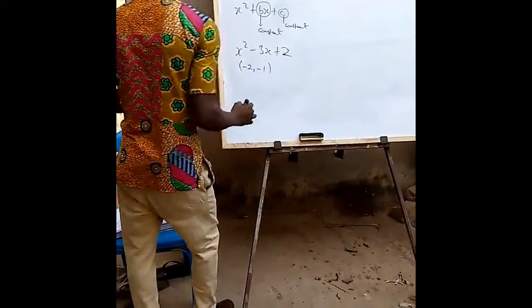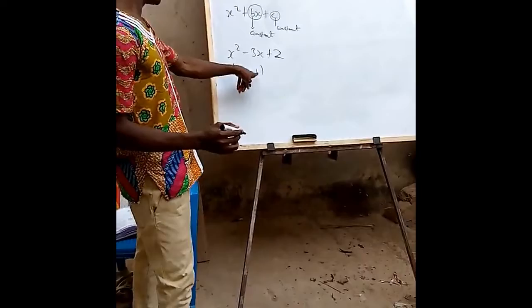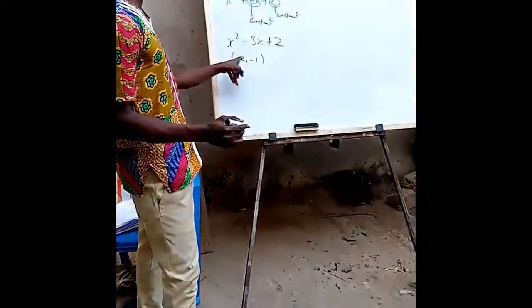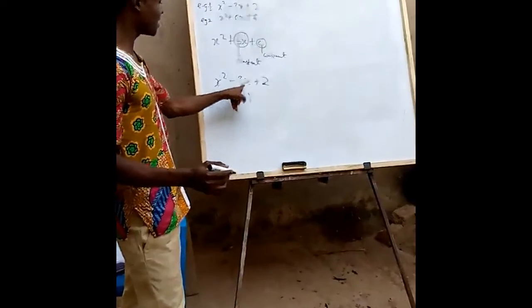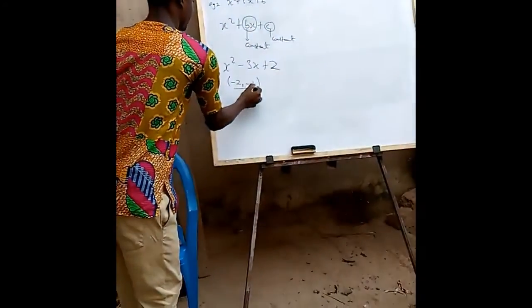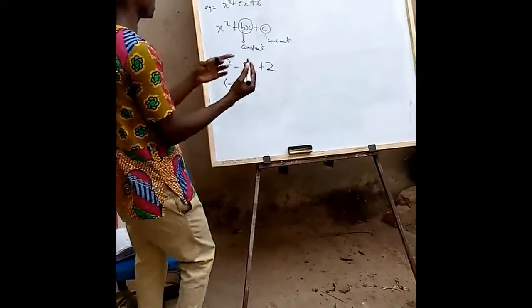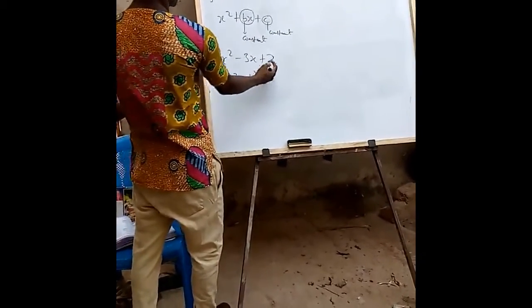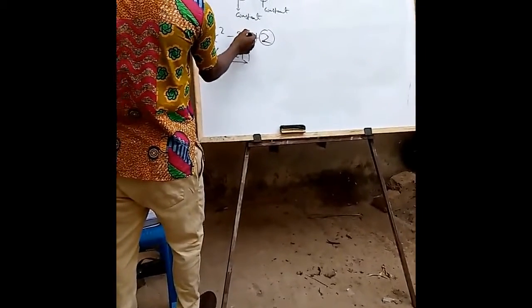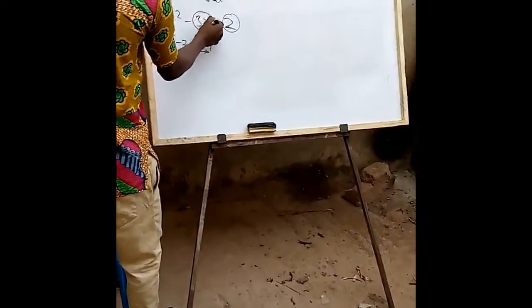When I multiply negative 2 and negative 1, I get positive 2. When I add negative 2 and negative 1, I get negative 3. So this satisfies my rule: when I multiply these factors, I get my constant c, and when I add these factors, I get my b.